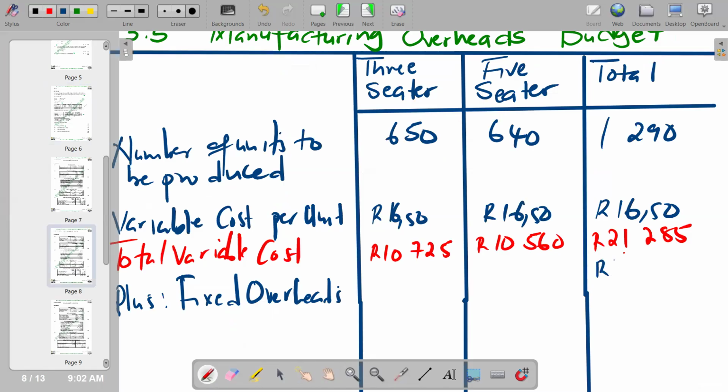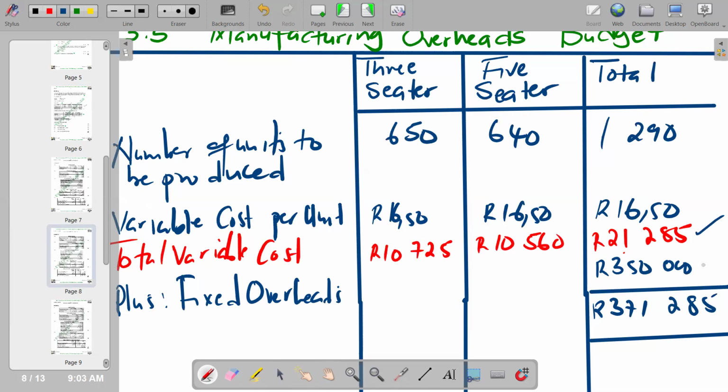So we have 350,000. It means on that one, we are supposed to add it so that we get the final figure. And the final figure becomes the total manufacturing overhead. If we add 21,285 plus 350,000, you get your 371,285.